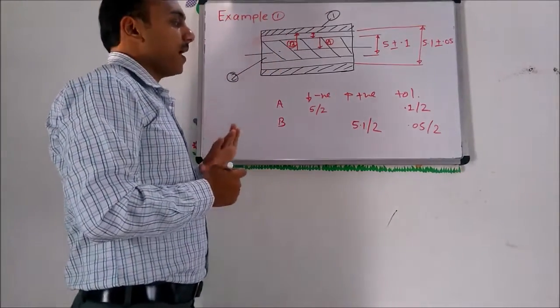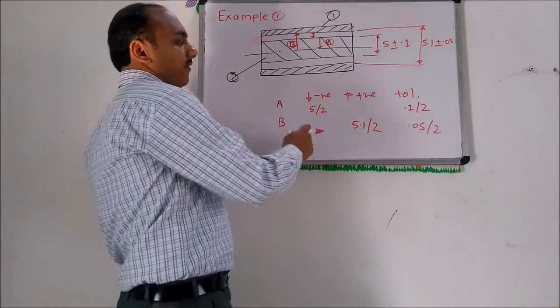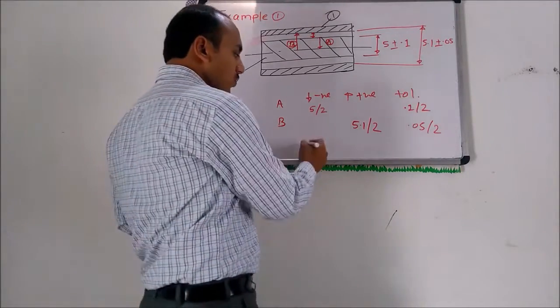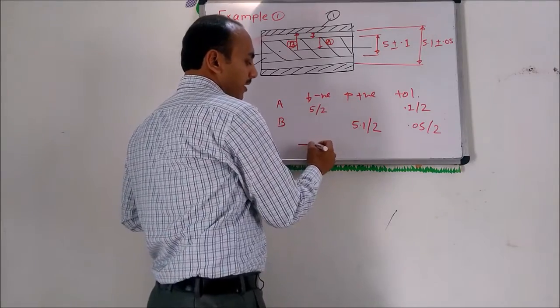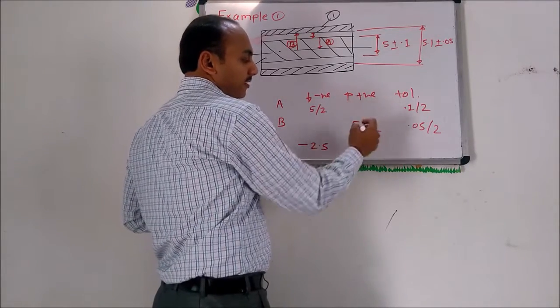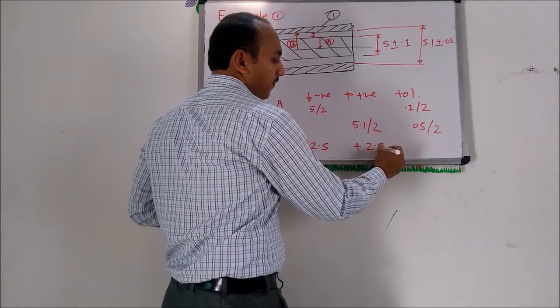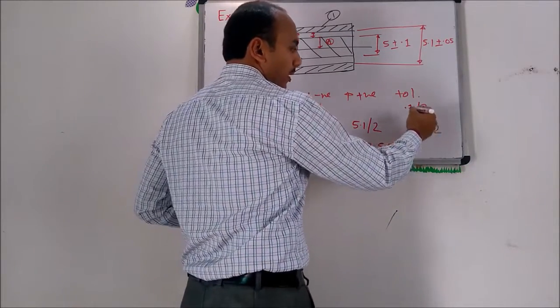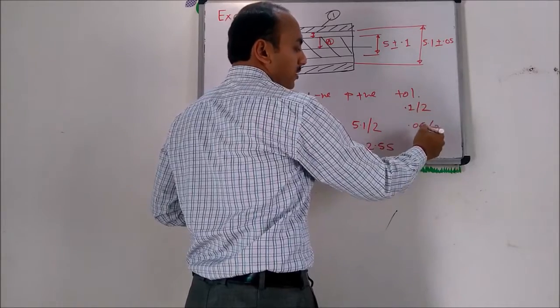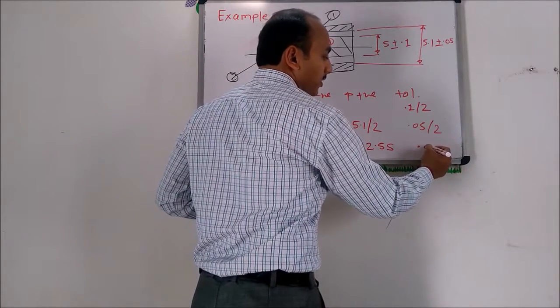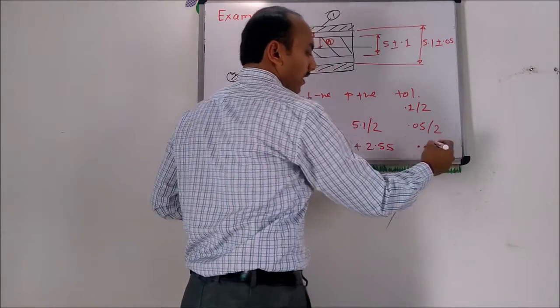So we have prepared the stack up table, and now you can find out the gap by doing this analysis. So this would be minus 2.5, this would be plus 2.55, and the tolerance would be 0.05 plus 0.025, that would be 0.075.